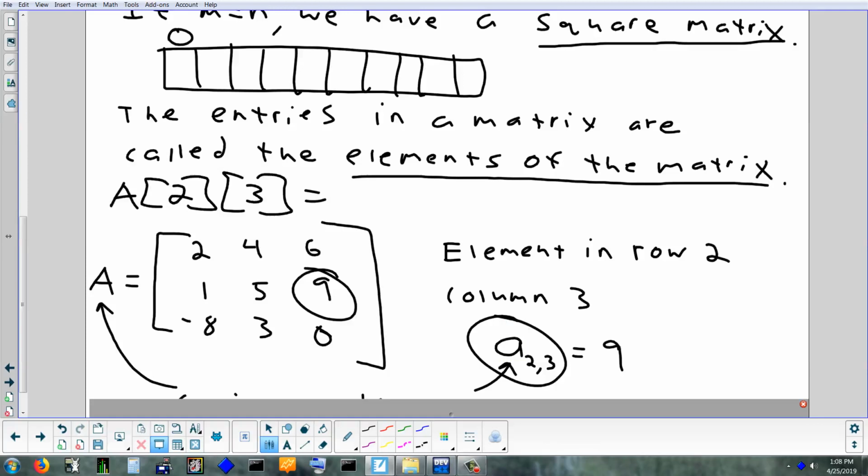And then this is how you do it for a name. Now, I don't like using just a single letter for a name if I'm actually doing a computer program, because when I look back at that 6 months from now, I'm going to have no idea what A means. So that's why you saw in my program, I named my array math department. So when I look at it, I can say, oh, it's the math department, so I know what it is.